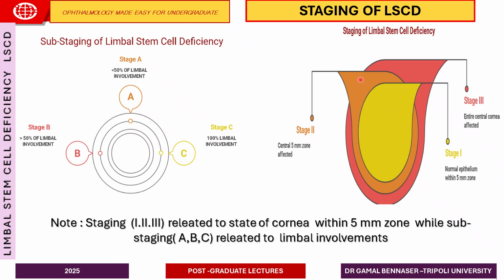For stage 2, there is partial or mild affection. And for stage 3, there is total involvement of the central 5 millimeter zone. However, the substaging A, B and C is related to the limbal involvement. For stage A, it is less than 50% involvement of the limbus, for stage B, between 50 to 90 or 95% involvement, and for stage C, there is total involvement of the limbus.